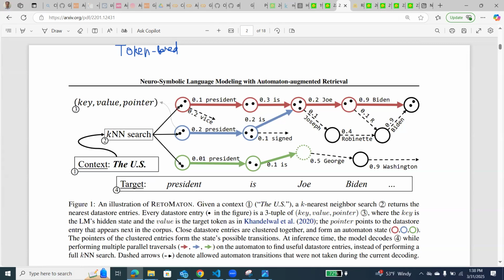But again, you should build this graph for every prompt. For another prompt, you should generate a new graph. So it's also slow.